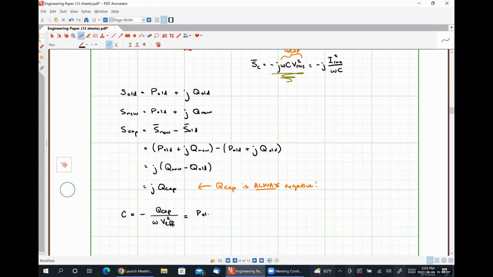P old times the tangent of theta old minus the tangent of theta new, all over omega times V effective squared. This is the form that I prefer, because the pieces of information that go into the expression are usually a little bit easier to find.